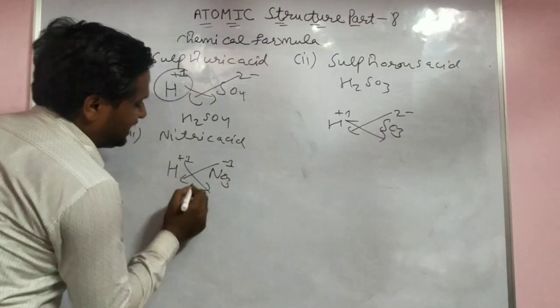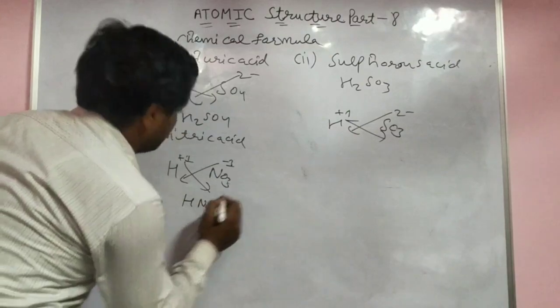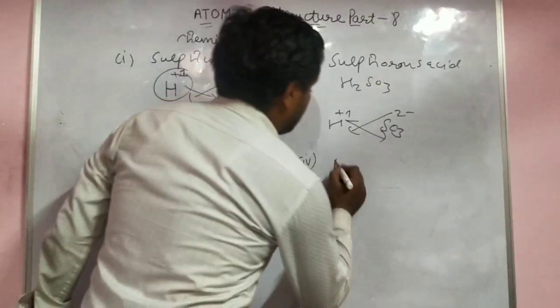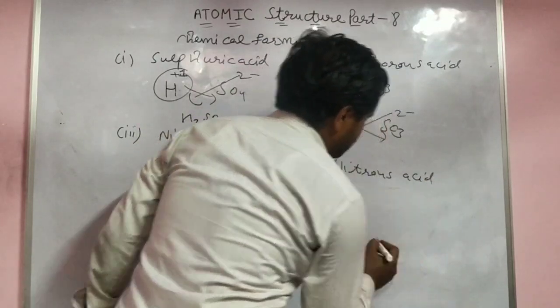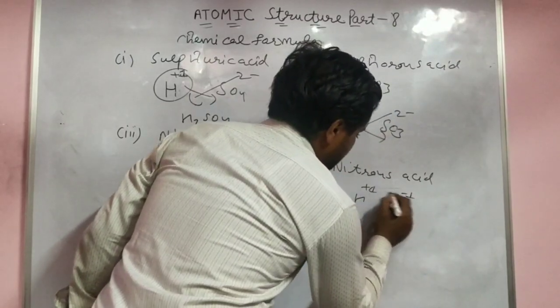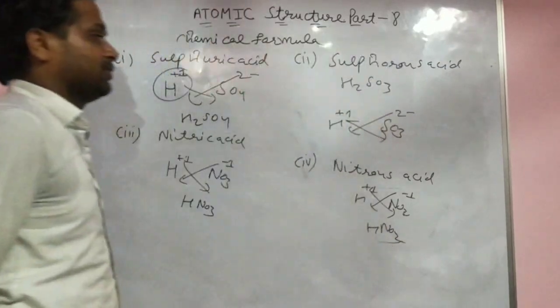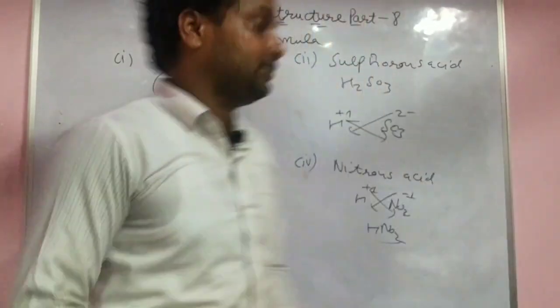By using nitrate, nitric acid forms. And by using nitrite, NO2 negative, that forms nitrous acid. Yes, now we try to form acetic acid.